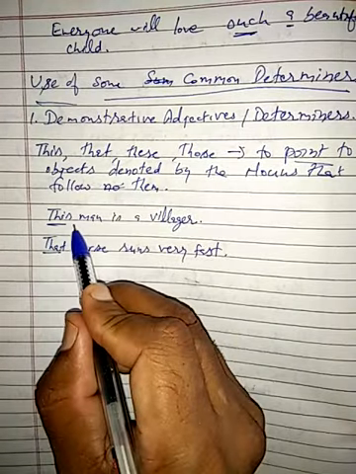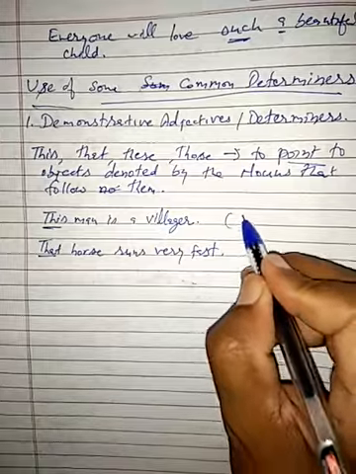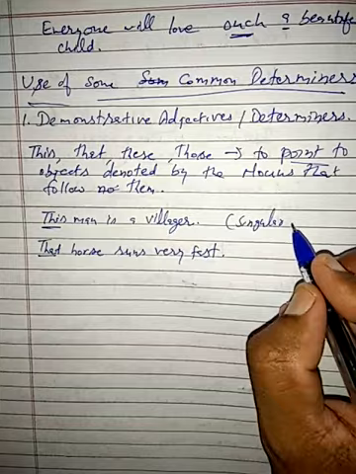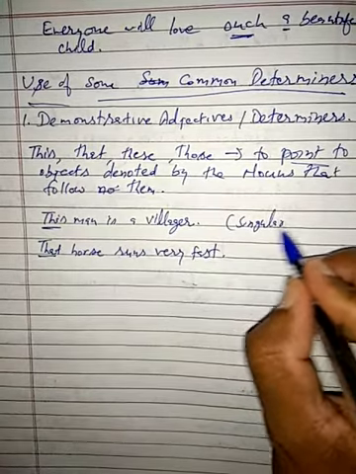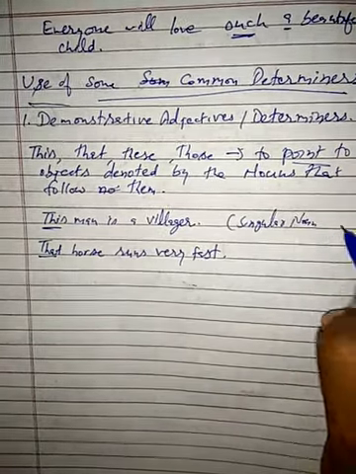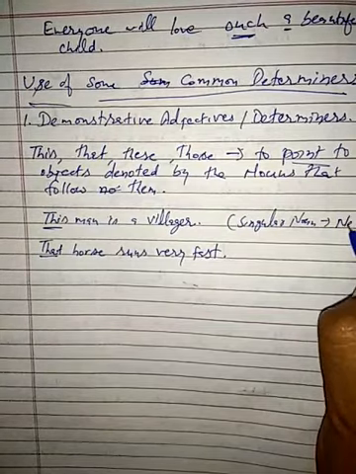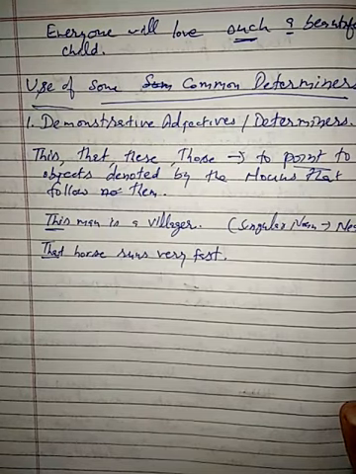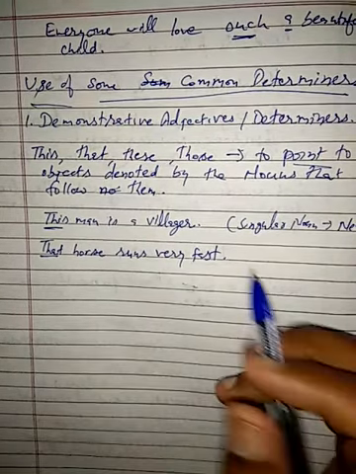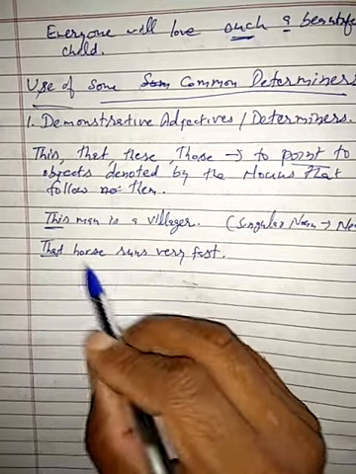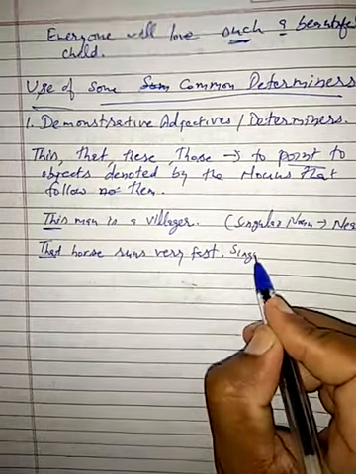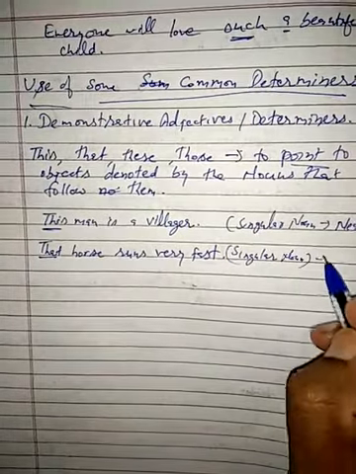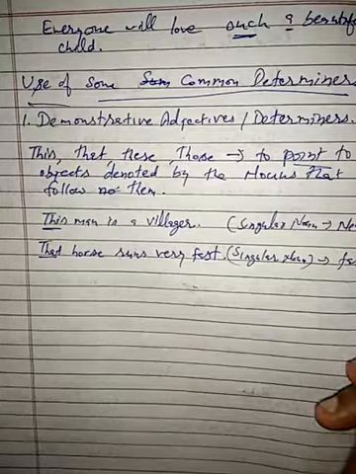So students, let me make it clear to you how we can use this and that. This is used to denote a singular person or a singular noun. It is used for showing a singular noun or subject that is quite near. Okay, clear? And that is also used for a singular noun that is quite far, at a distance.